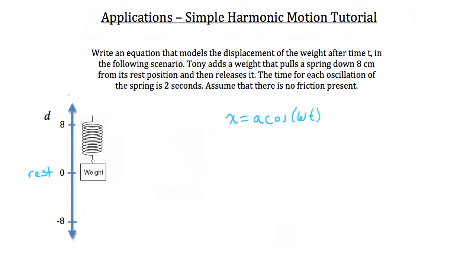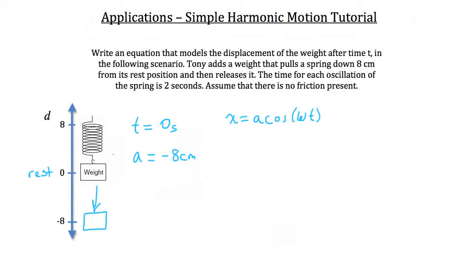Well, I chose to use cosine because when Tony pulls the weight down to -8 centimeters and then releases, we start our time then. So our time at 0 seconds, the amplitude here, our a value, is going to be -8 centimeters, because Tony's holding it down here with his hand at -8 before he lets it go and before we start recording the time.